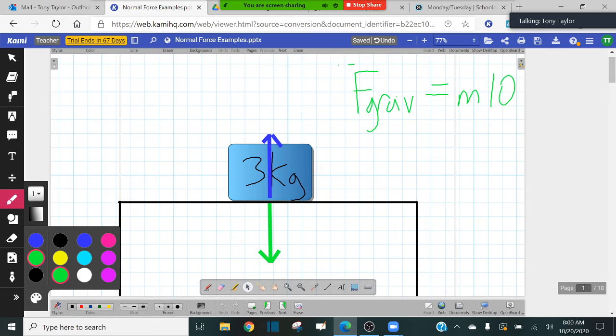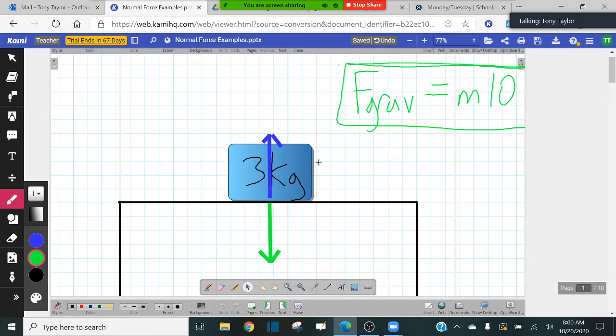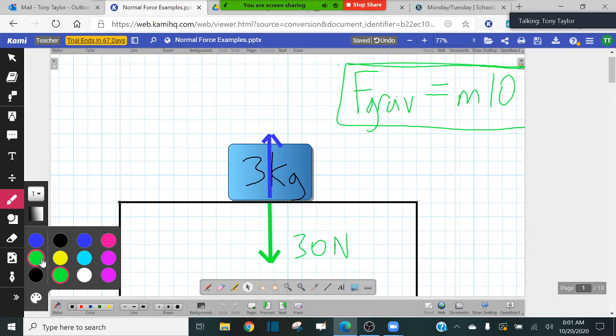Remember what I said in your problems for your homework: you want to round 9.8 out to 10 to make your calculations easier. So what is the mass of this box here? This mass is 3 kilograms. So the force of gravity here, 3 times 10, is just 30 newtons. So, guys, think logically here.